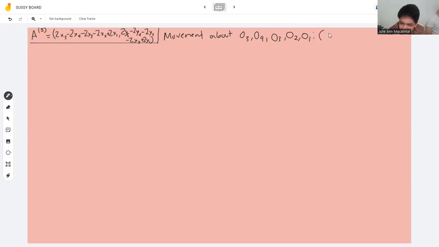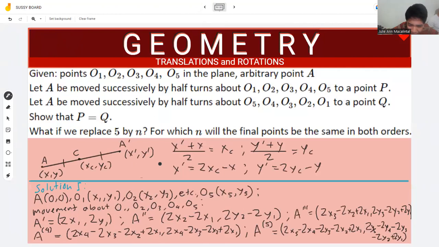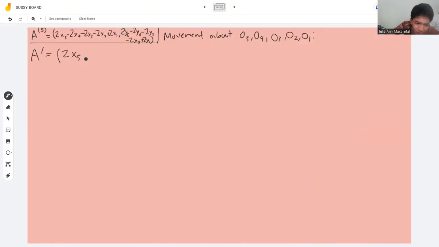So actually, it is exactly the same, just reversed. So A prime will be 2x5. Just imagine if x1 from here became x5, x2 became x4, x3 stayed the same, and then vice versa.